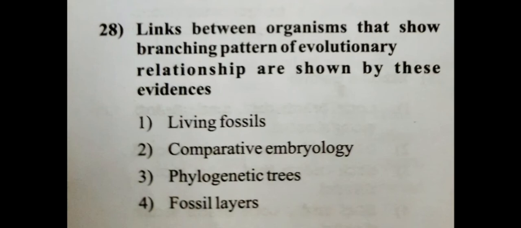Among these four evidences, complete link, branching structure and relationship is clearly shown in phylogenetic trees. As the name indicates, trees are always having branching, and that branching pattern is very clear in phylogenetic trees. Right answer is option 3.